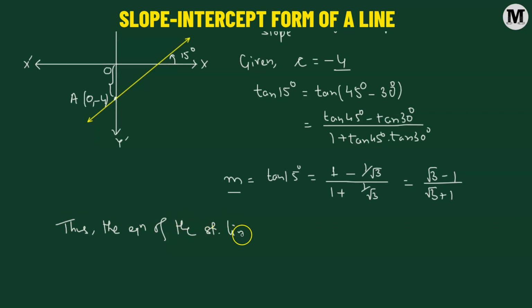So y = m x + c, where m is the slope, (√3 - 1) divided by (√3 + 1), times x, plus the y-intercept c, which is -4. So this is going to be the equation of the straight line, which has a y-intercept of 4 in the negative direction of the y-axis and makes an angle of 15 degrees with the positive direction of the x-axis.